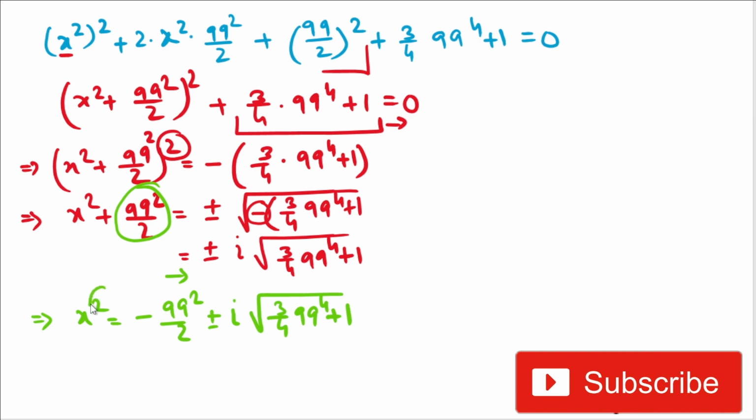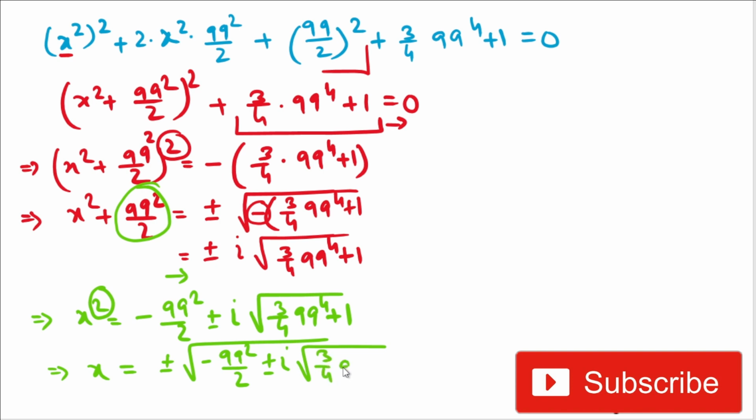Now from here also we will take out the square root, so we can write the value of x will be plus minus square root of negative 99 square divided by 2 plus minus iota square root of 3 by 4 times 99 raised to the power 4 plus 1.